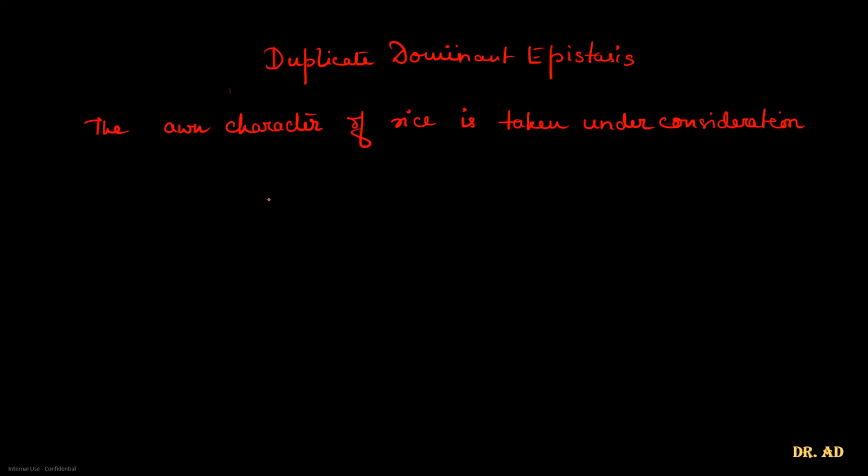Okay. See, when a dominant allele at either of the two loci can mask the expression of recessive alleles at the two loci, we call this type of interaction duplicate dominant epistasis.